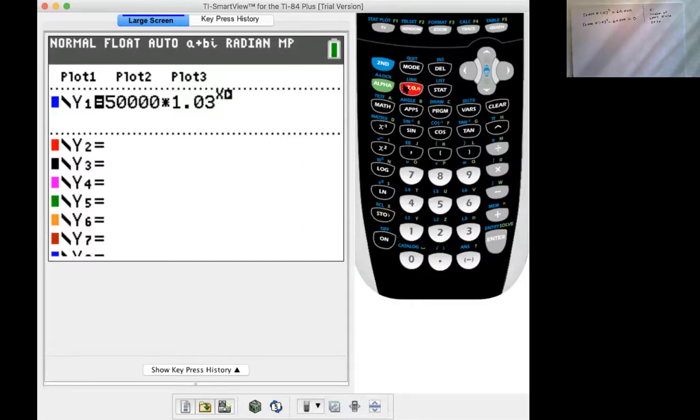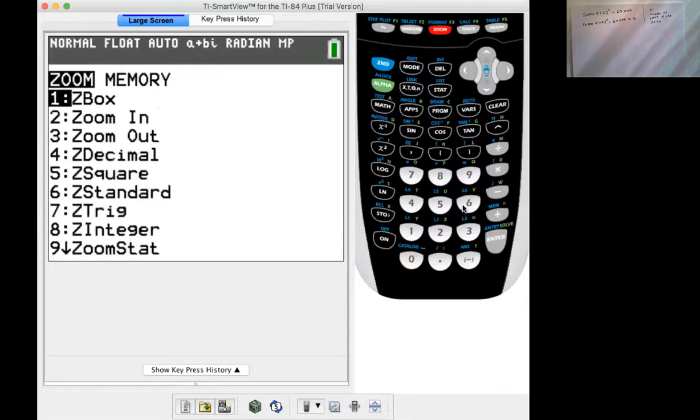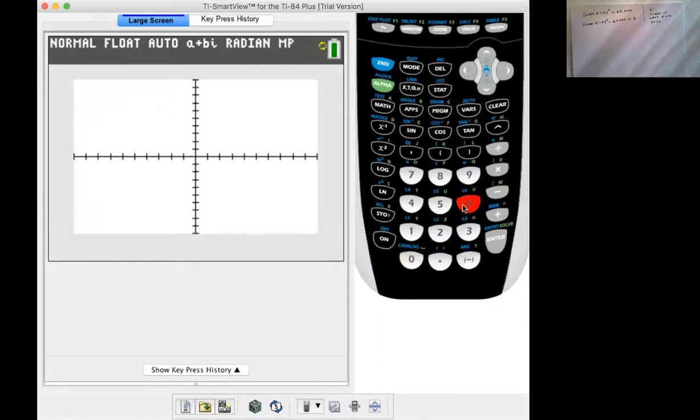Then we're going to subtract 60,000 and find out when does this equal 0. Hard to know what zoom to use first here. We want to find out when this thing equals 0. I'll start with zoom standard and see if that gives me the place where it crisscrosses.